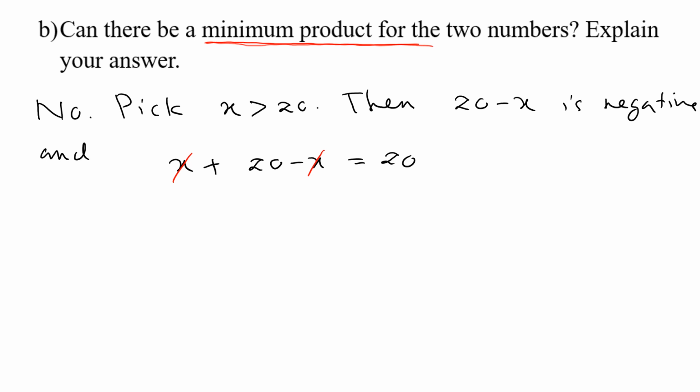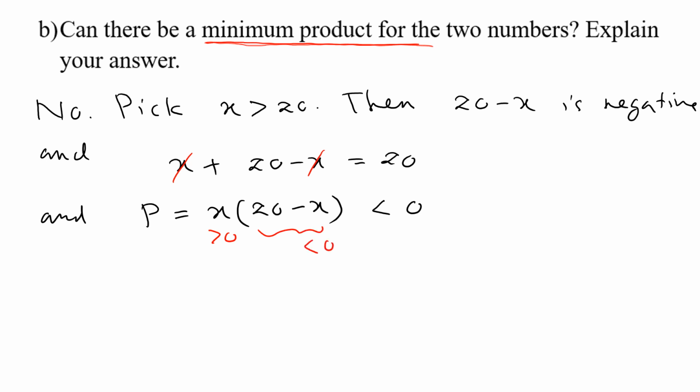And the product of the two numbers, x and 20 minus x, is negative, because the first number is positive and the second number is negative, so the product is negative.